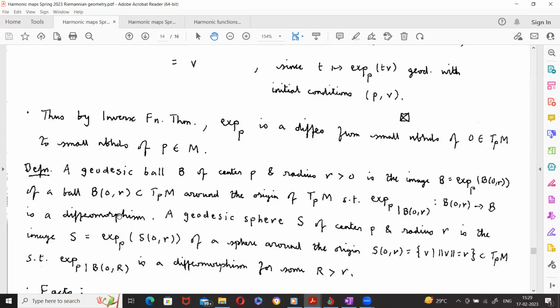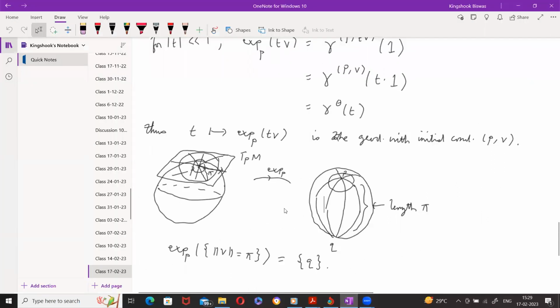And similarly, the geodesic sphere around P is the image of a sphere in the tangent space, such that this sphere is contained in some ball in the tangent space where the exponential restricted to that ball is a diffeomorphism. Okay. So in this picture, the image of small balls in the tangent space here will be these geodesic spheres.